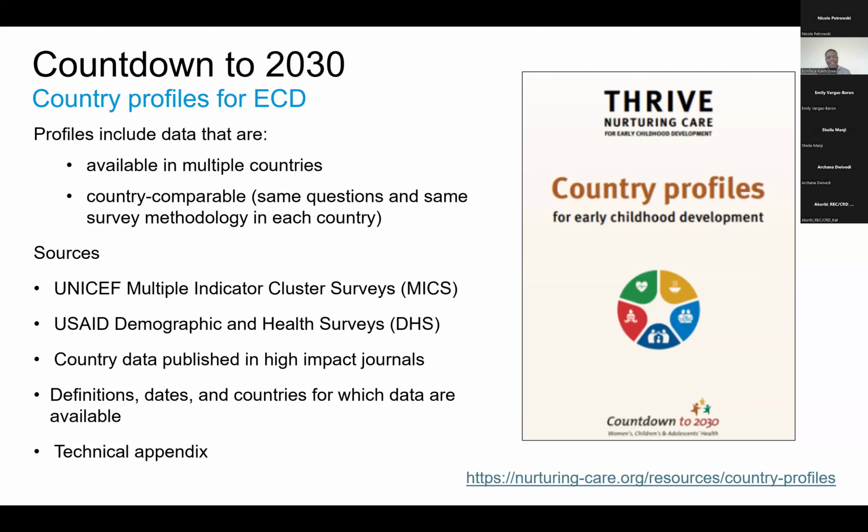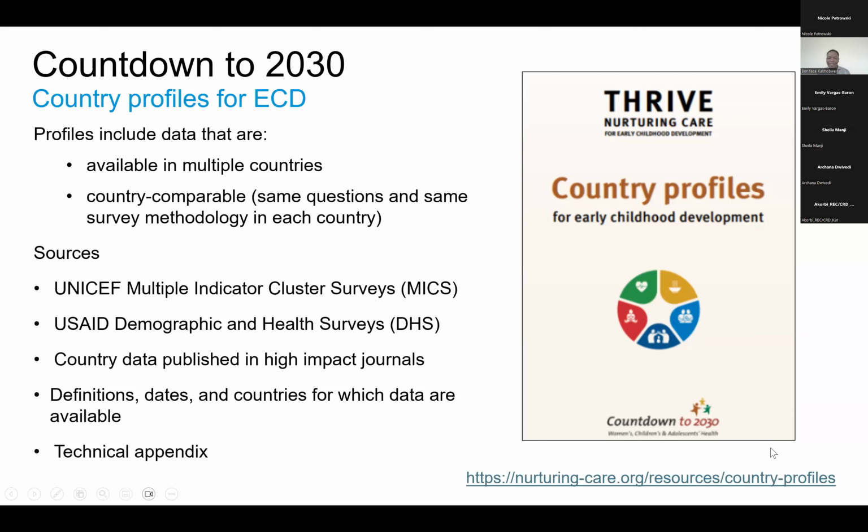And where do we get the data to do that analysis? The UNICEF Multiple Indicator Cluster Surveys, the MICS, the USAID Demographic and Health Surveys, the DHS, are a source of information, as well as country data published in high impact journals. We also use that data, definitions, dates, and the countries for which data are available, and also have the technical index.